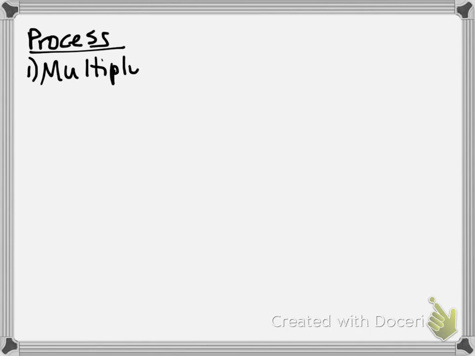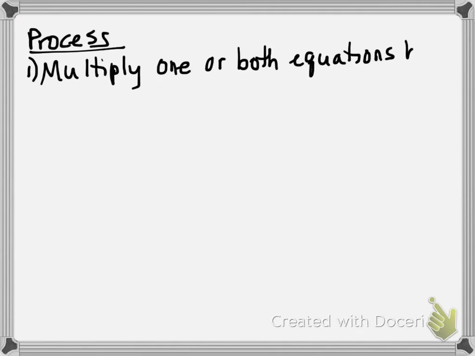And I'm going to write this in very general terms for the process that I'm going to use. I'm going to multiply one or both equations by a factor or factors. So I'm going to use that parentheses s. Means if I multiply by one factor, or I have to multiply both equations, it may be different factors.